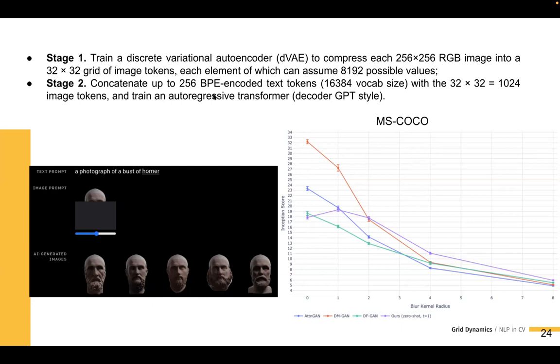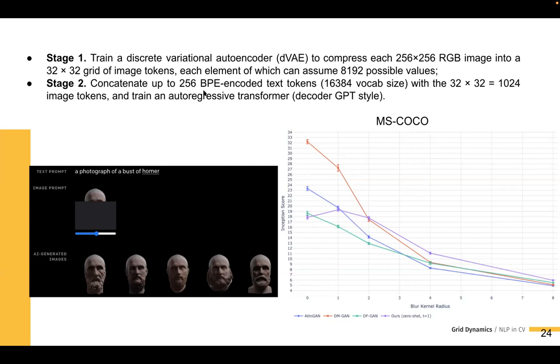And this is cool. What they concatenate first is the caption. We have a caption for our image, and we take 256 tokens from the caption, and the vocabulary size is like 16,000. And we take this 32 by 32 grid and just flatten it.